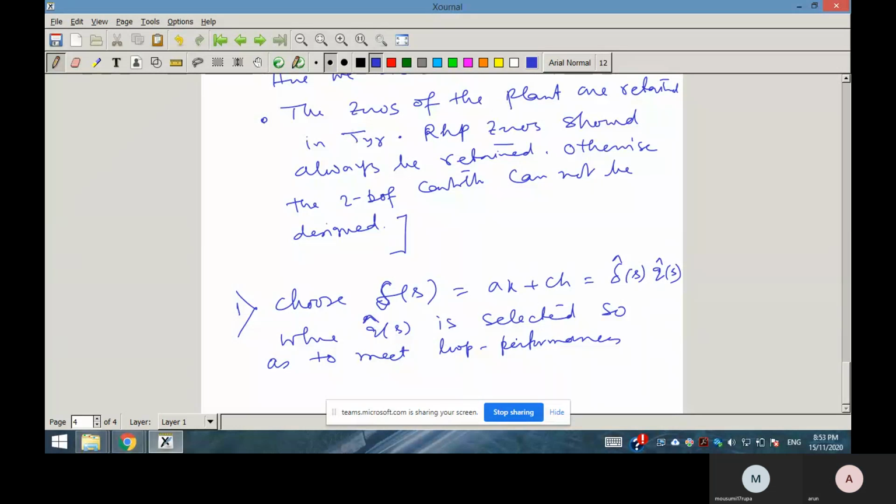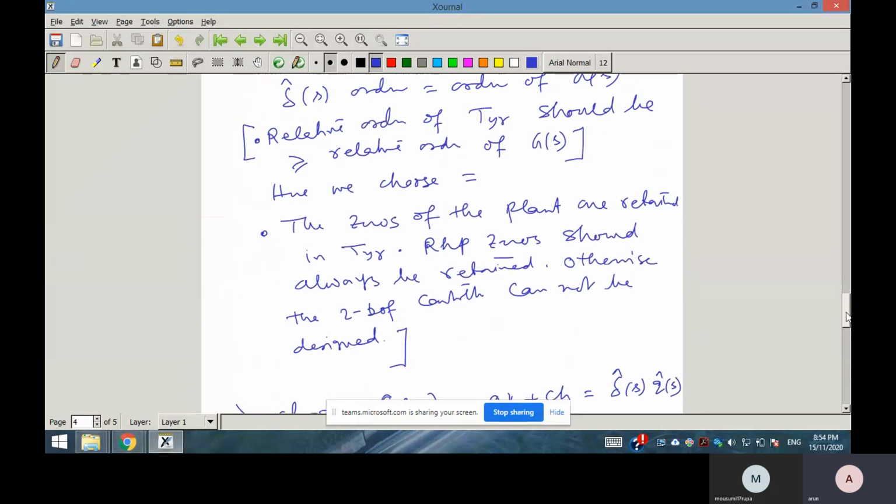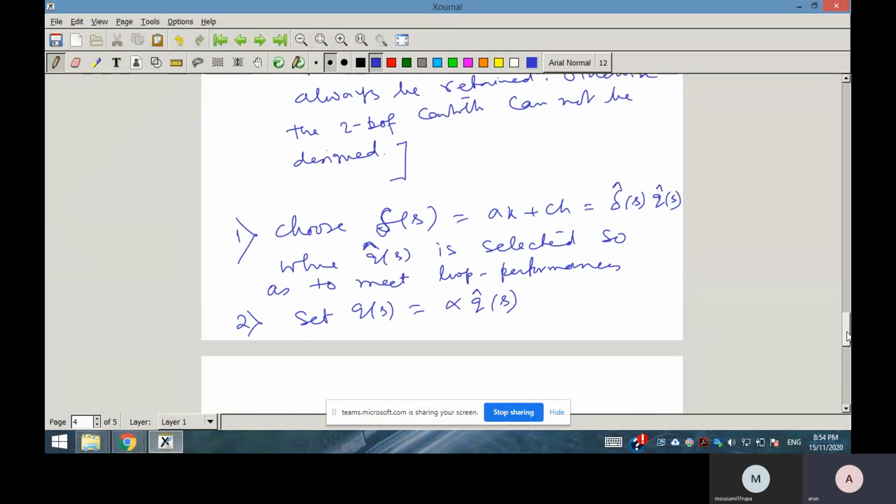Then finally, the second step: set QS equal to alpha into Q hat S. So there are three major steps.